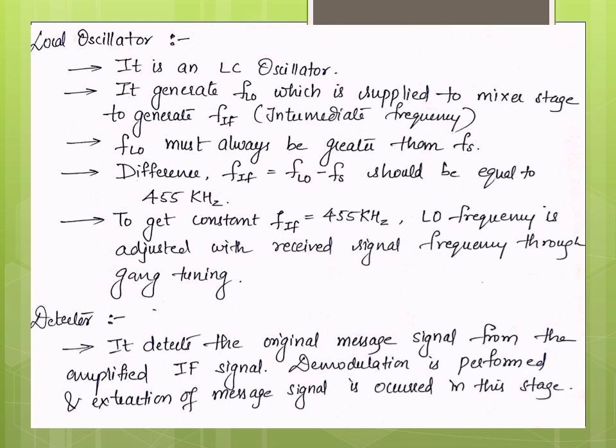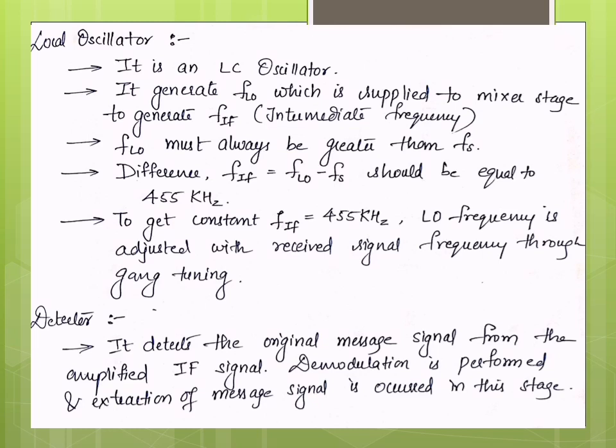This condition is very important: the frequency generated by the local oscillator should always be greater than the signal frequency Fs coming from the RF amplifier. This is the condition for better working of the superheterodyne receiver. Next, the difference FIF, which is equal to FLO minus Fs, should be equal to 455 kHz.